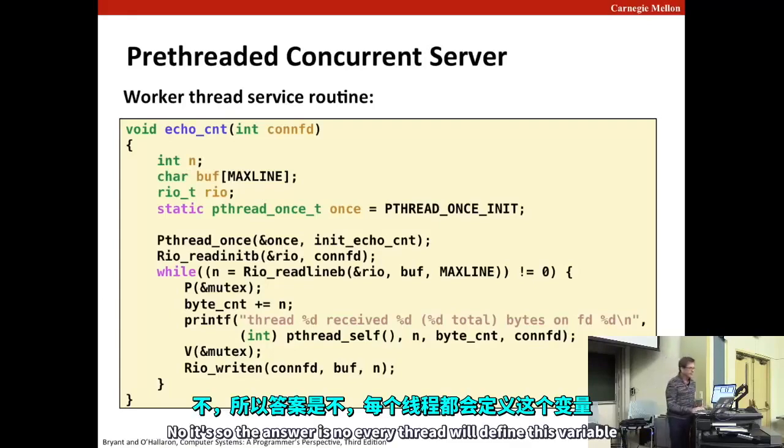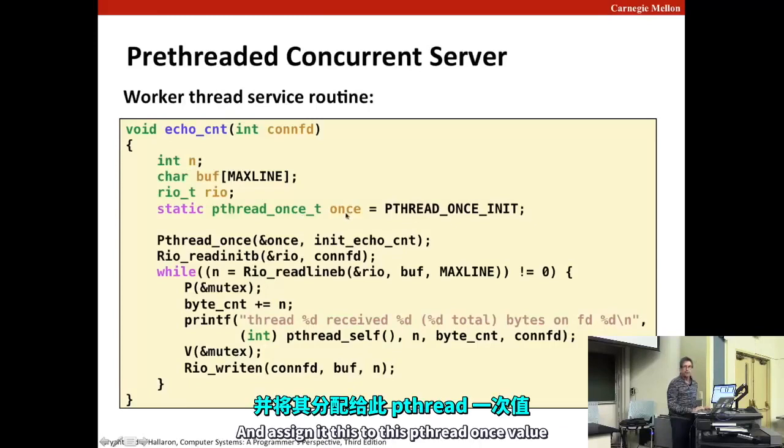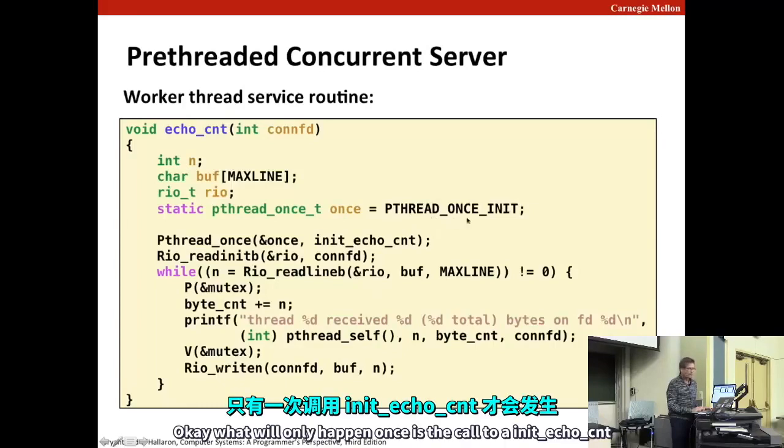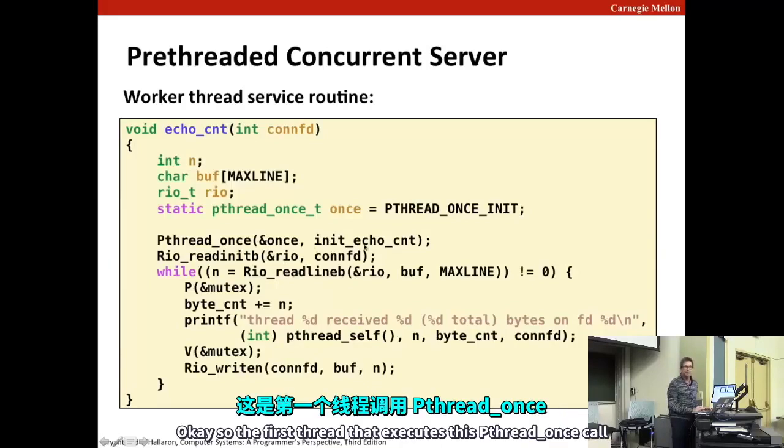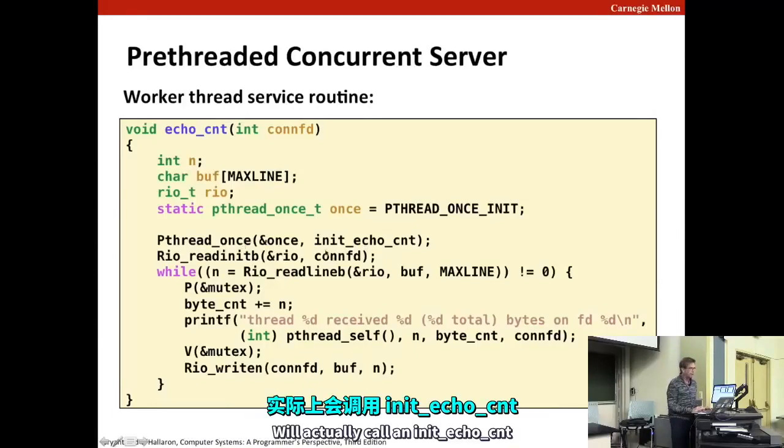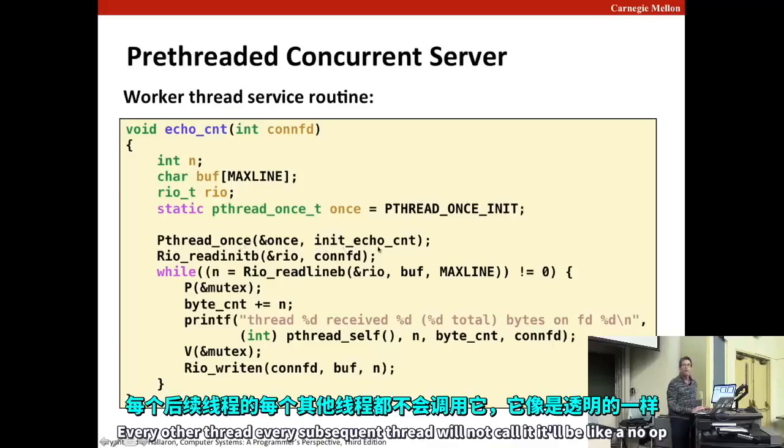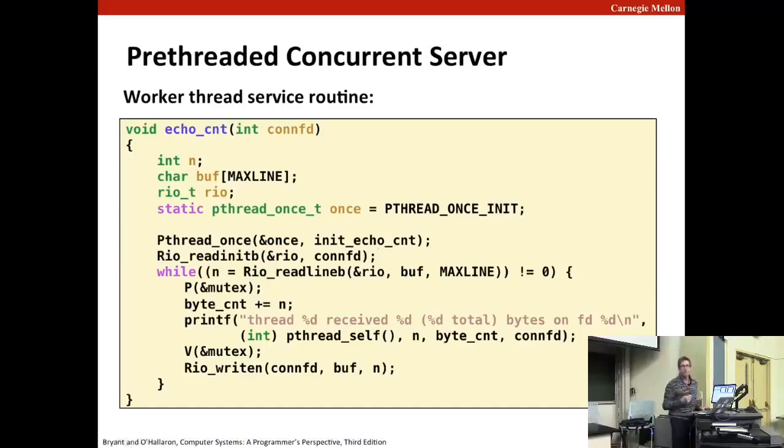No, the answer is no. Every thread will define this variable and assign it to this pthread once value. What will only happen once is the call to echo count init. The first thread that executes this pthread once call will actually call echo count init. Every subsequent thread will not call it. It'll be like a no-op.